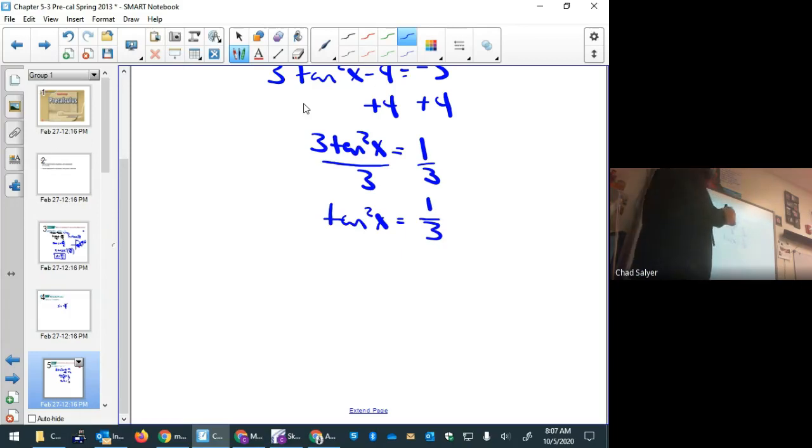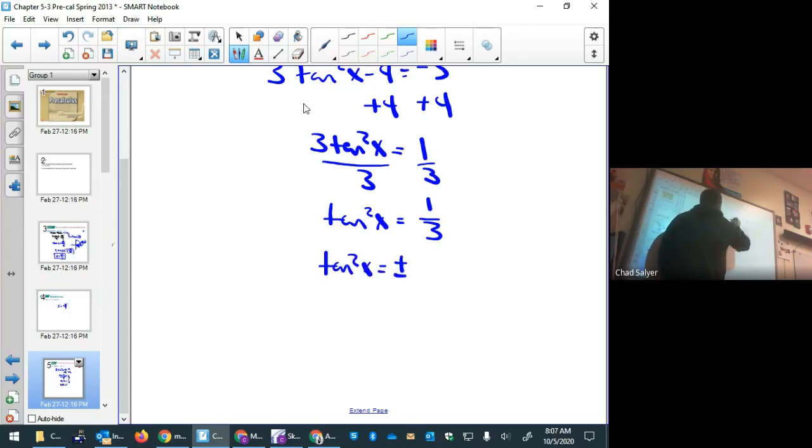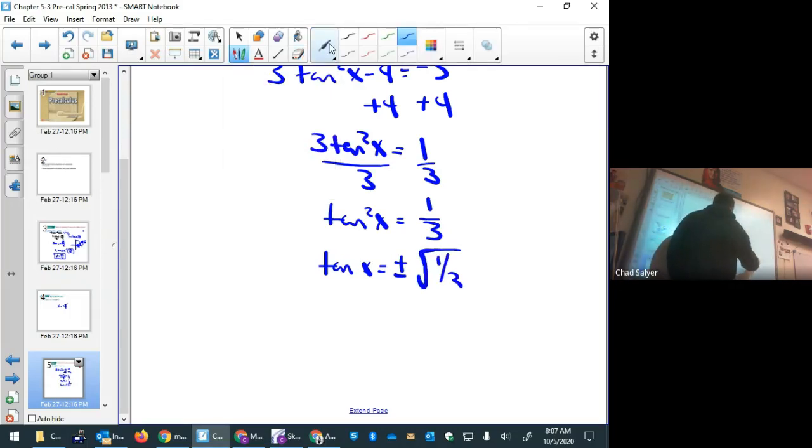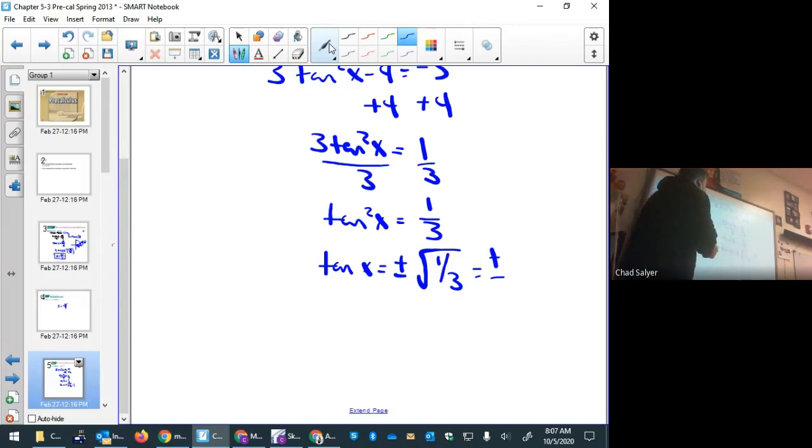Now I'm going to apply the square root property. So remember, it's plus or minus, and the square goes away, of course, when I apply this. So I don't know if you remember this property of roots.